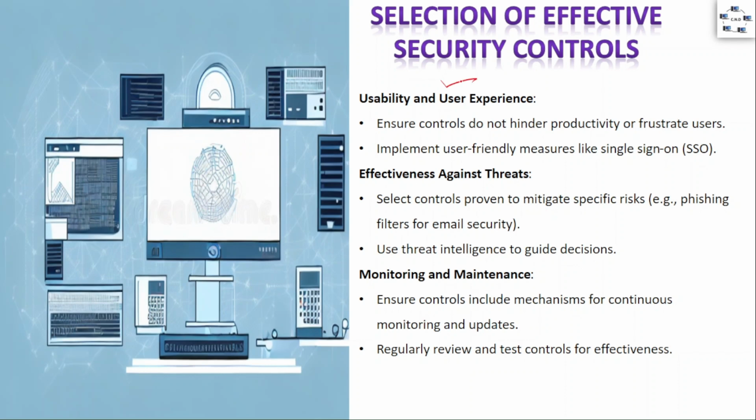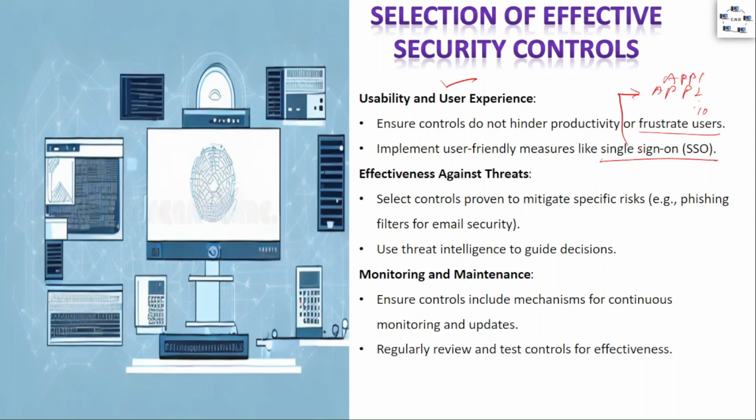Usability and user experience: ensure controls do not hinder productivity or frustrate users, and implement user friendly measures like single sign on. So what does user friendly mean here? If you have multiple applications, let's suppose app 1, app 2, and so on up to 10, you have 10 applications.